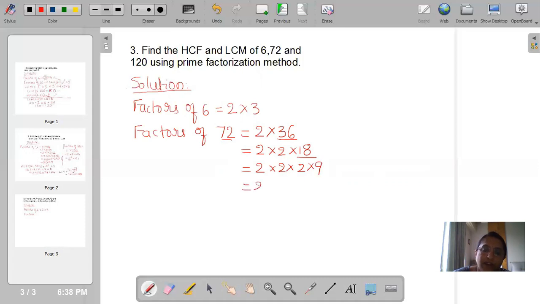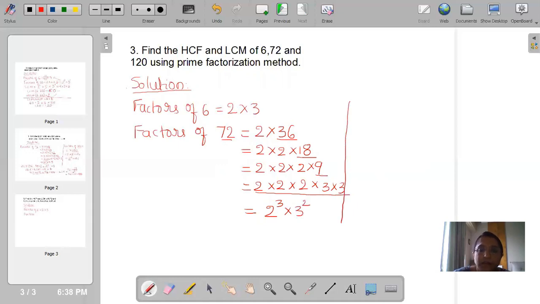While taking factors, you have to be very careful. 9 can be written as 3 into 3. So these are all prime factors. Then it is 2 cube into 3 square.